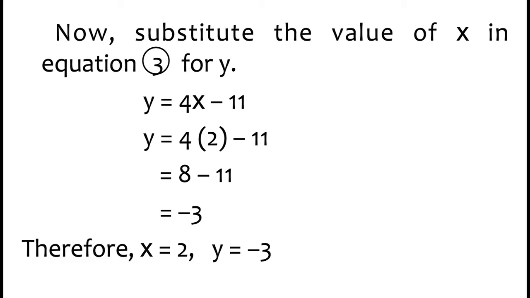So that gives y equals 8 minus 11. By the idea of directed numbers, 8 minus 11, the answer is minus 3. Conclusively, our x is equal to 2 and our y becomes minus 3.